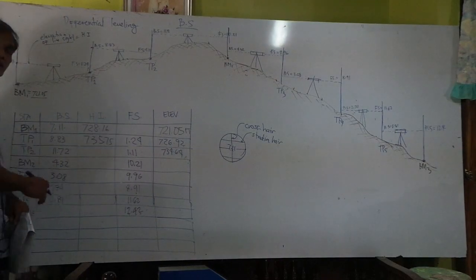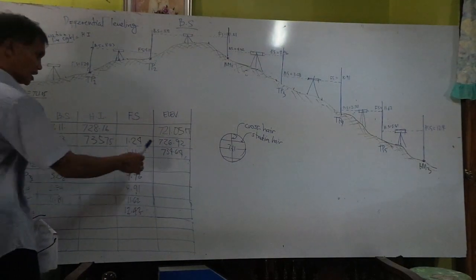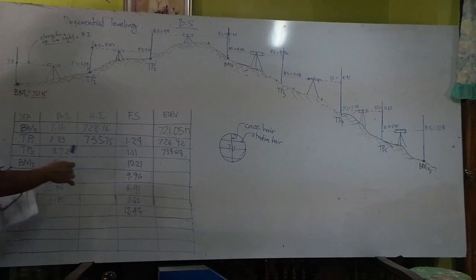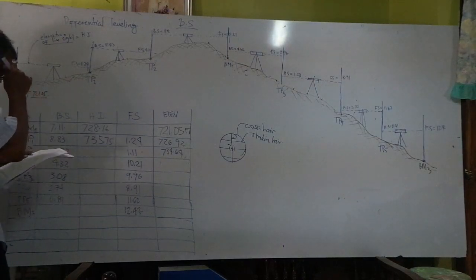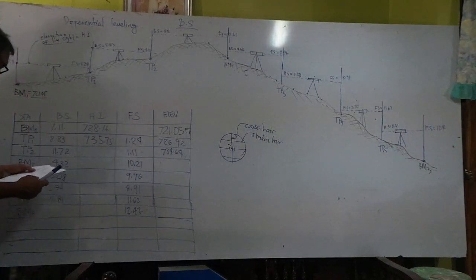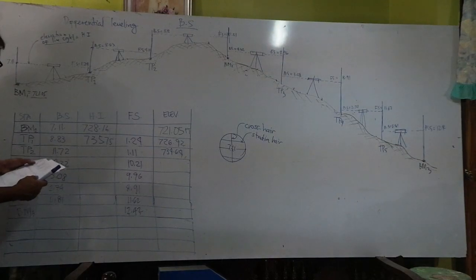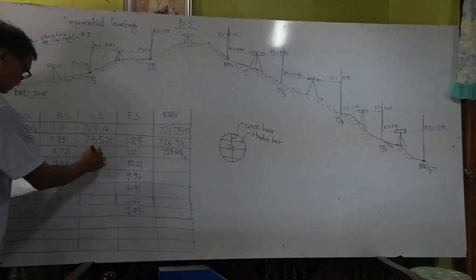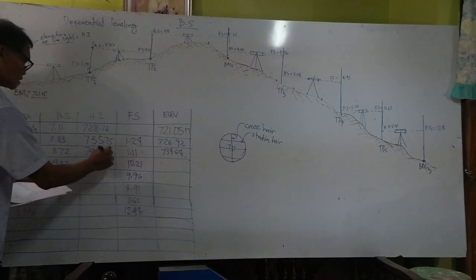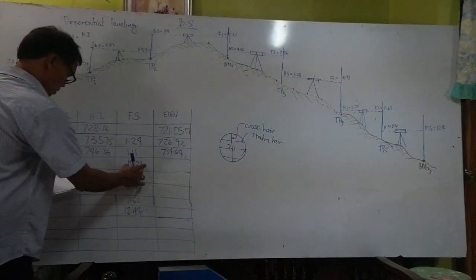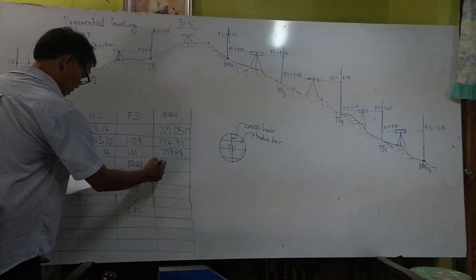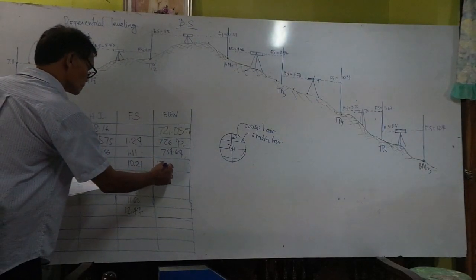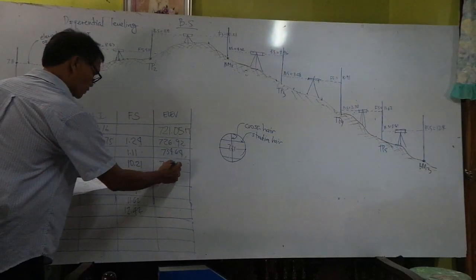That's the only process in your office work. So this one you add, and you will have 746.36. Then you subtract this, and you will have 736.15.